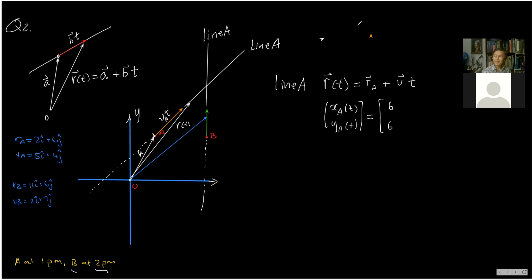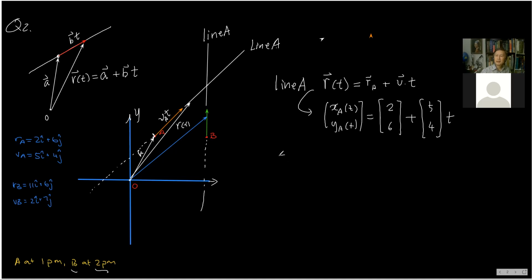I just rewrite this equation into matrix form now. And plus velocity. We know the velocity. What is the velocity at 1 p.m.? 5, 4. That's it. So that is a straight line.